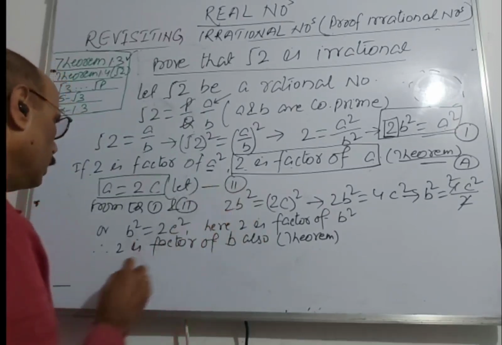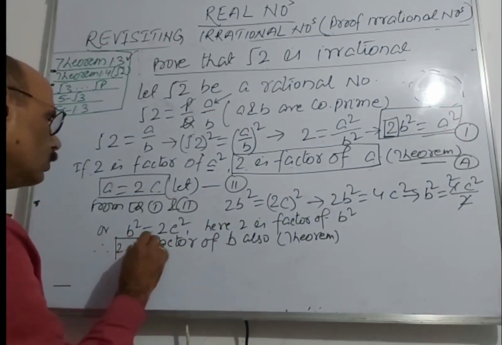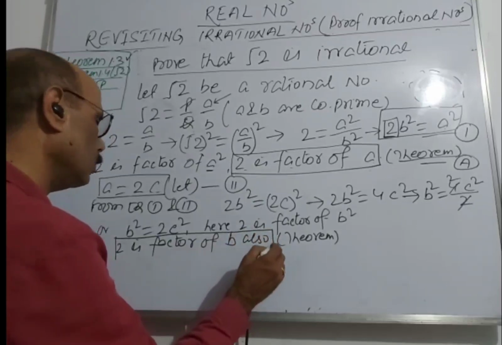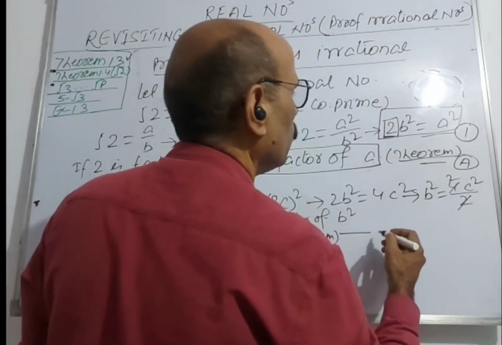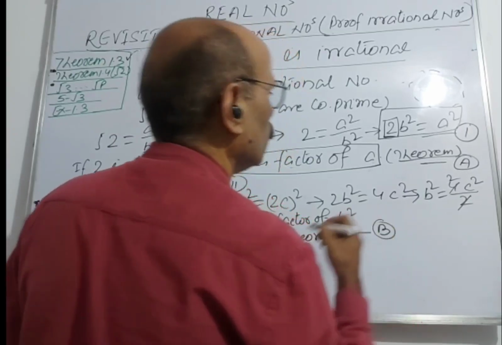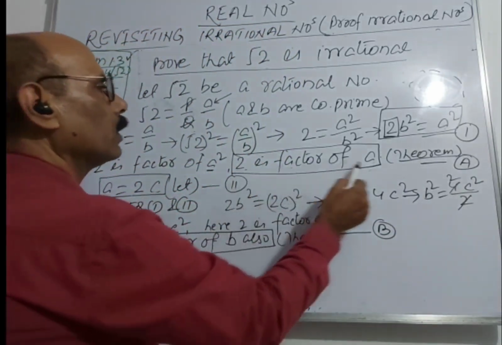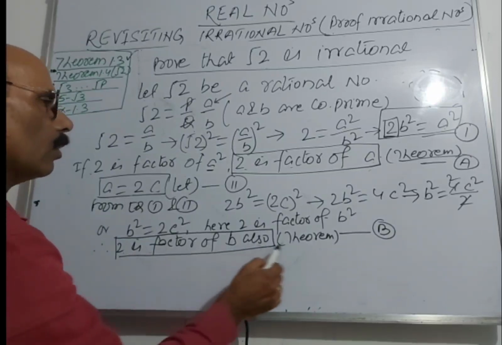So 2 is a factor of b also. We can give this the name equation b. Here 2 is a factor of a, here 2 is a factor of b.